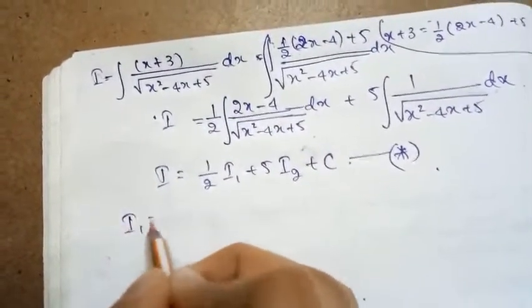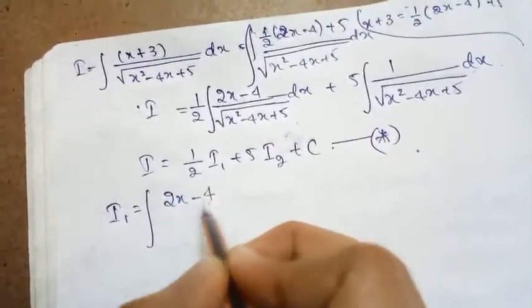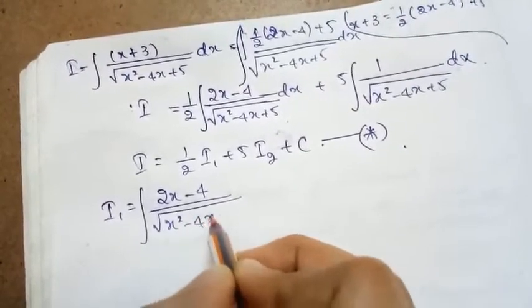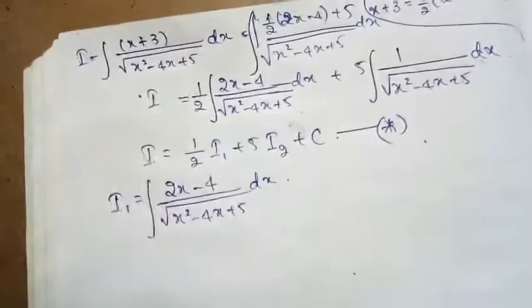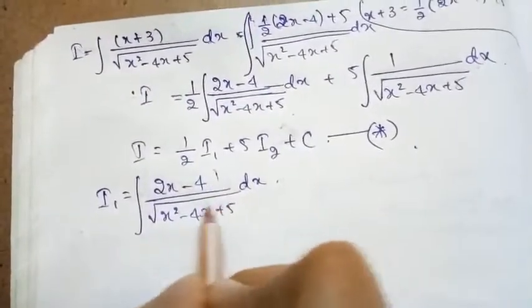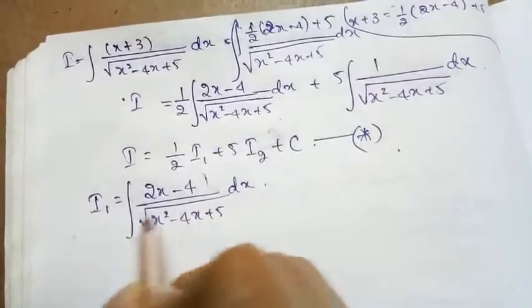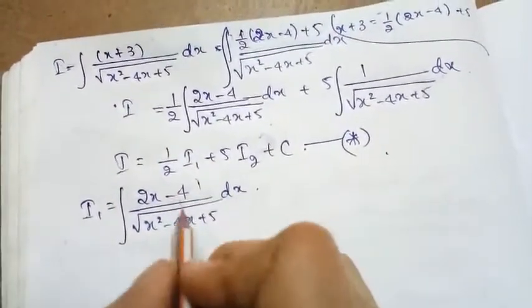So what is that I1 I have considered? That is 2x minus 4 divided by square root of x square minus 4x plus 5 into dx. You can see here clearly through substitution. If I take what is inside the root as t, clearly 2x minus 4 is the derivative of that.